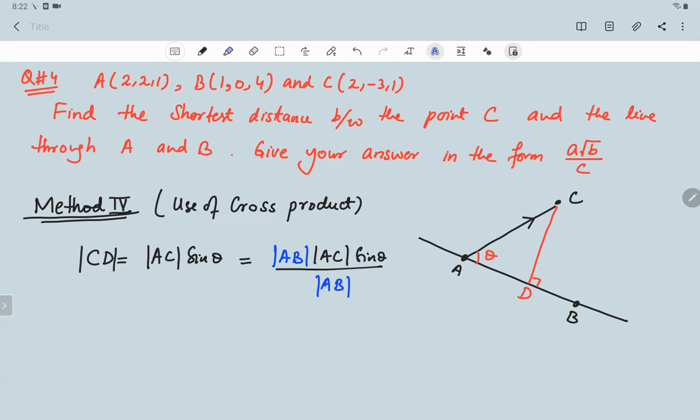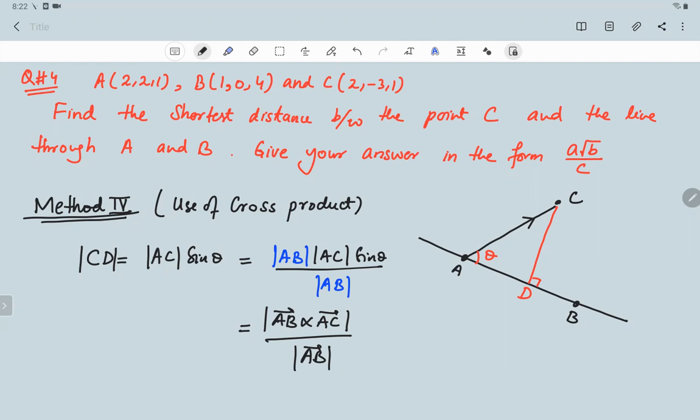But AB multiplied by AC sine theta is the magnitude of the cross product, the magnitude of AB cross AC. So this will help me calculate the shortest perpendicular distance.